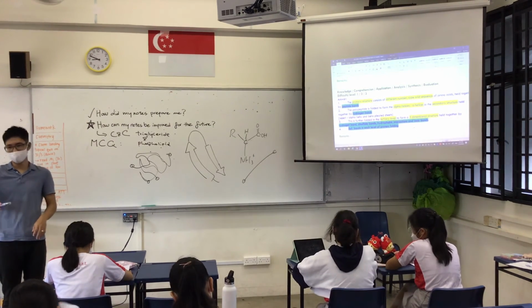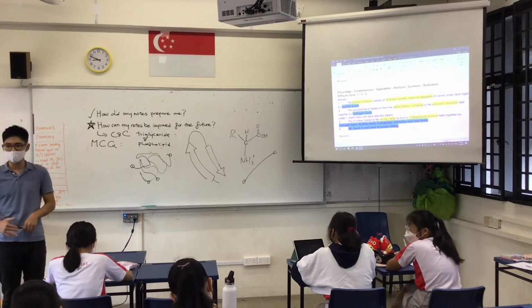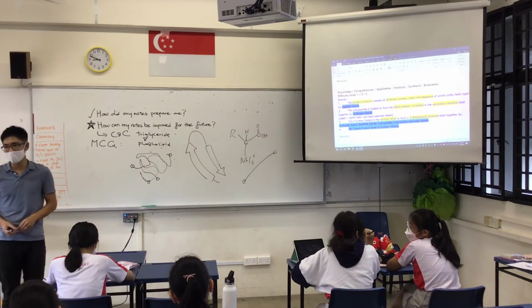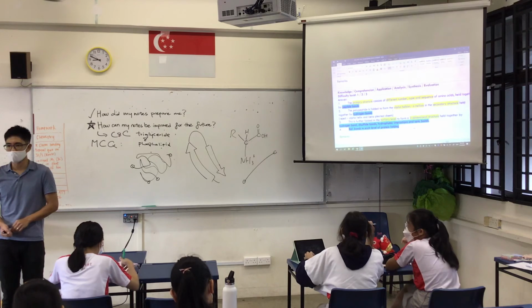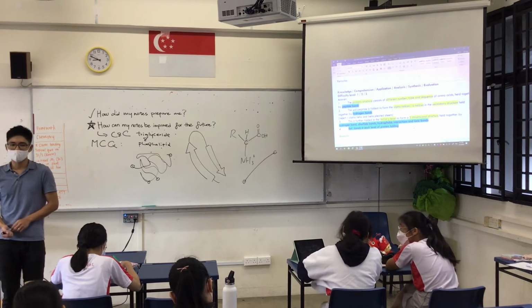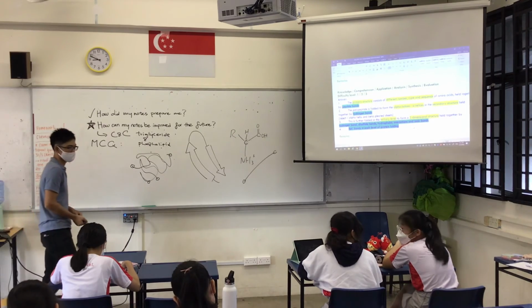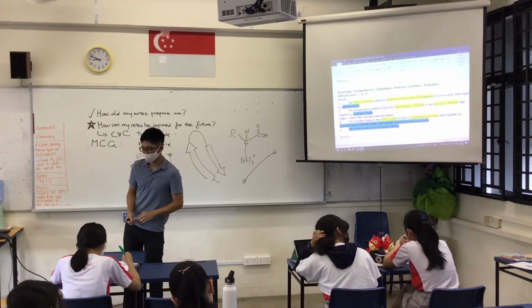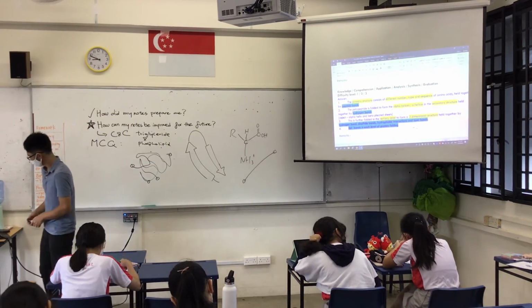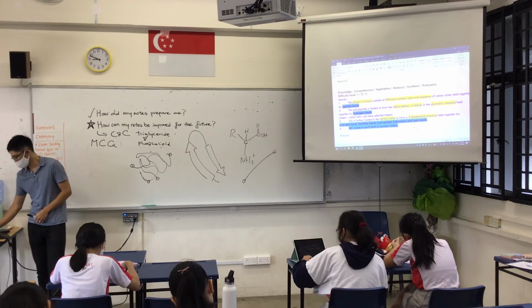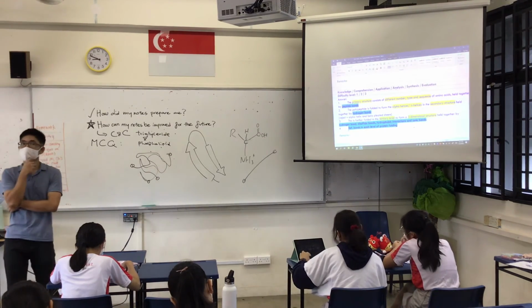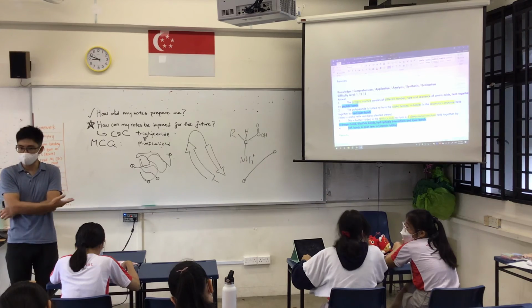I guarantee you 100%, okay, maybe not, 95%, we will definitely ask you again the levels of structure of a protein. There's no way you will escape this. Your topical exercise, we had a question like that.